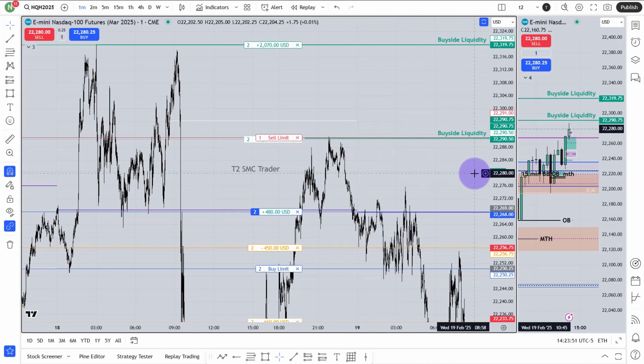Why is market reacting over there? Because this is the last parabolic gap from the 1 minute chart. So it is actually reacting from this area because of the last parabolic gap.